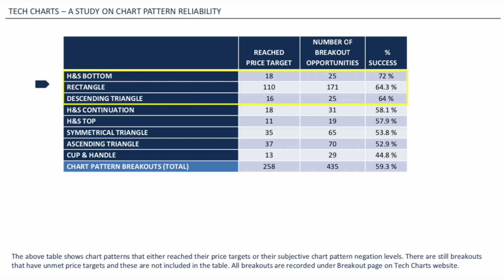Out of those, 110 reached their price target. This gave us a 64.3% success rate on the rectangles. We also talk about a chart pattern negation level, which I will discuss in the following slides.